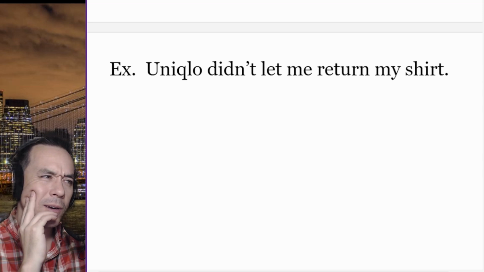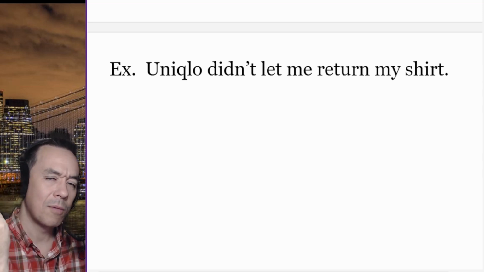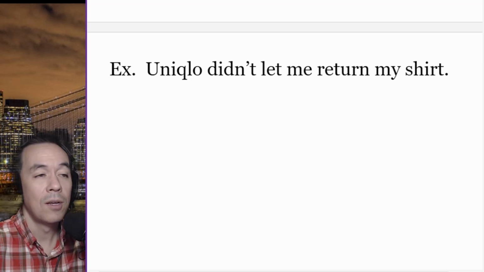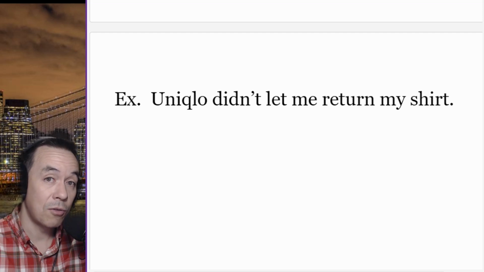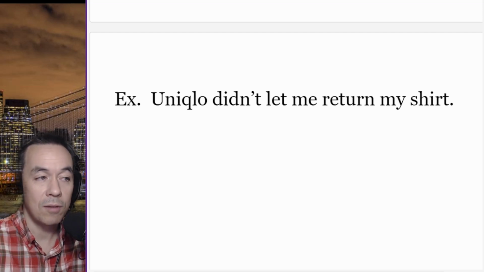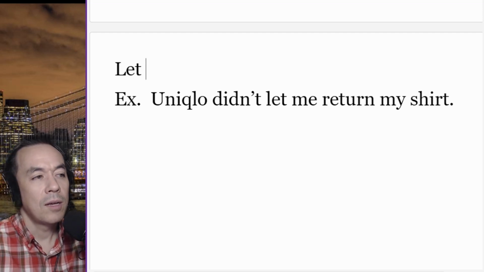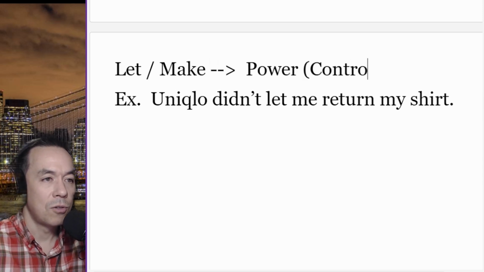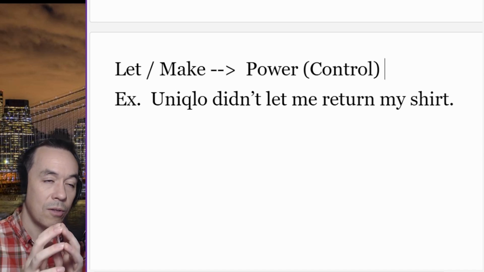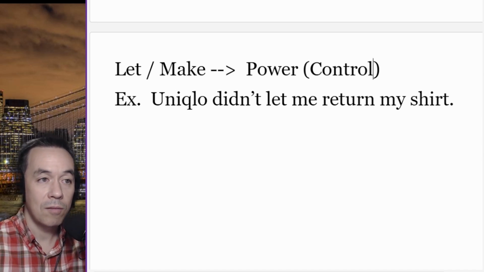Now, you don't really think about Uniqlo as this powerful person, but they do control your money because you gave it to them. So let and make, it's about power, but also about kind of control. Who has the control of something? In this case, your money.